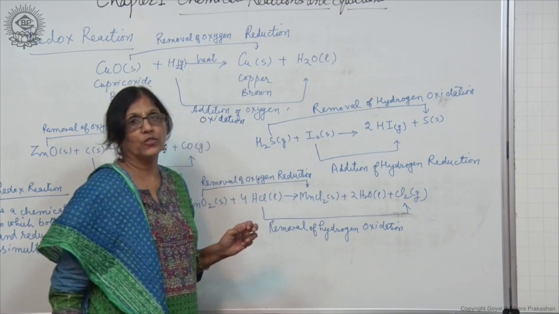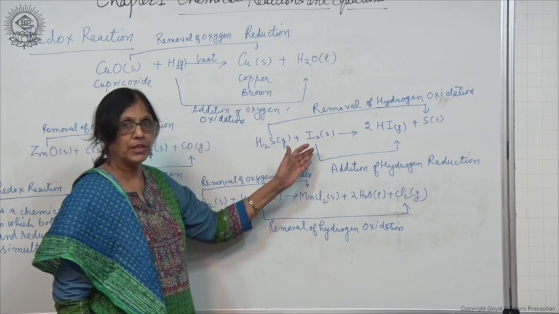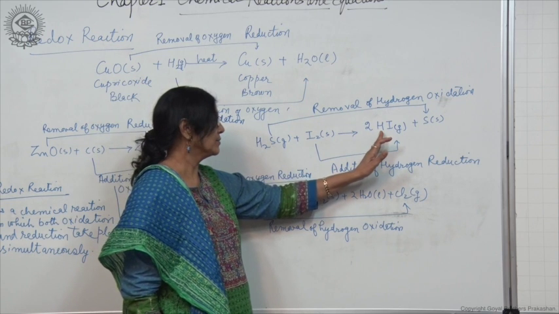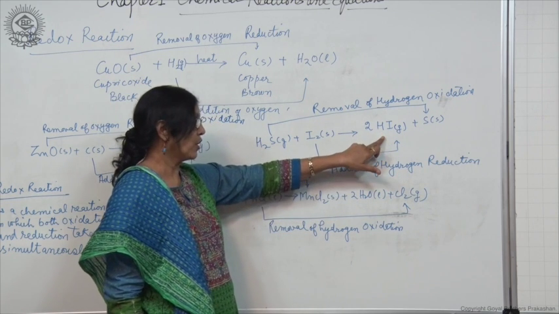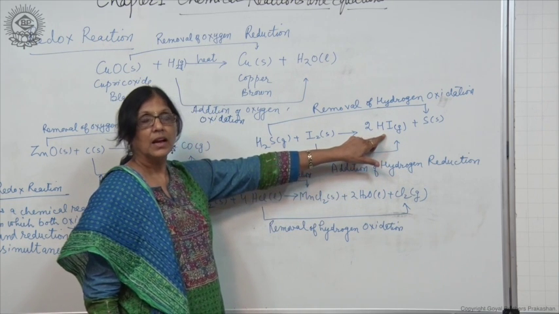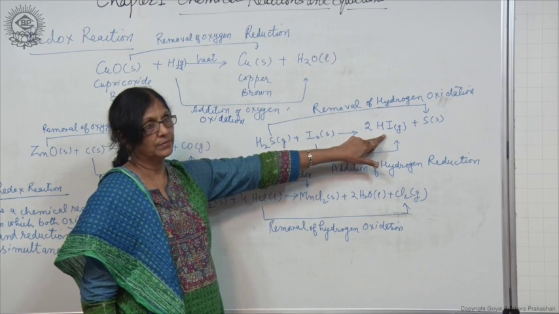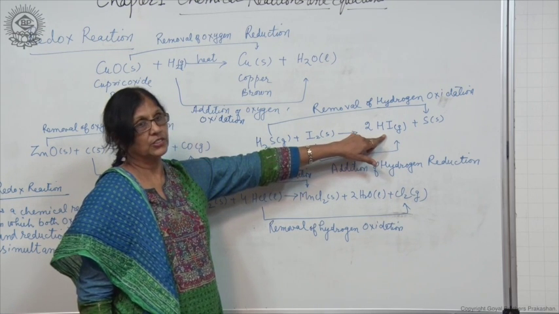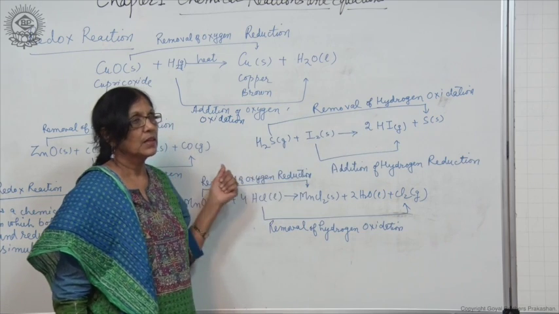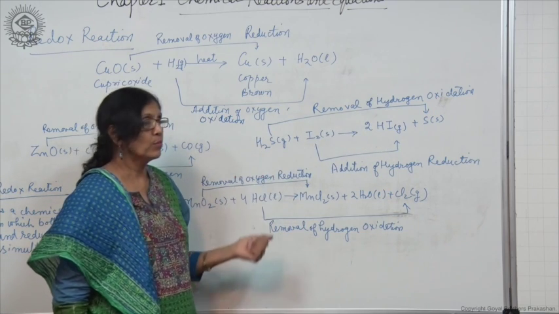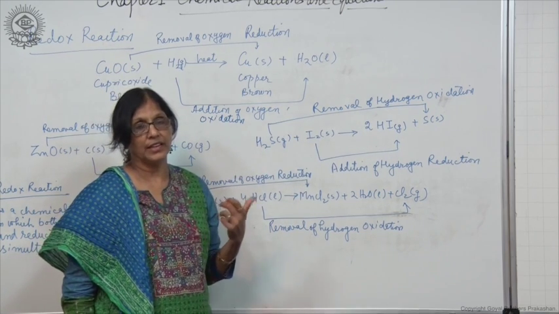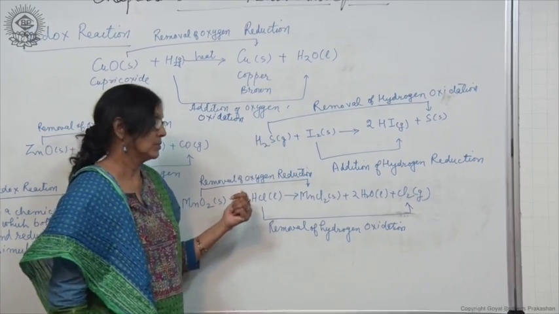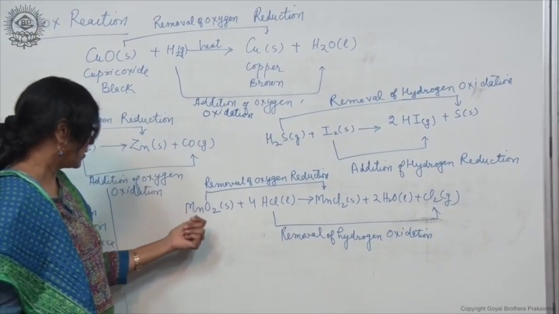Now, take the case of iodine. What is happening to iodine? Iodine is being converted to hydrogen iodide. You can very well see yourself that hydrogen has been added, and addition of hydrogen is called reduction. So, in this particular case also both oxidation and reduction are taking place simultaneously, and so this is a redox reaction.